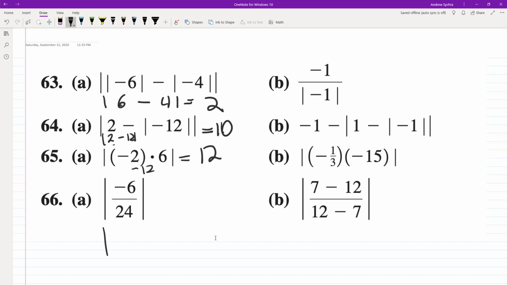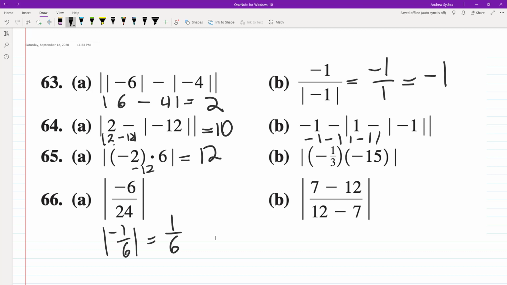So absolute value of -1 over 6 is 1/6. All right, so then over here we get -1 over 1. It's -1. -1 minus the absolute value of 1 minus 1. Ugh. It's like the absolute value signs and the ones are the same thing.